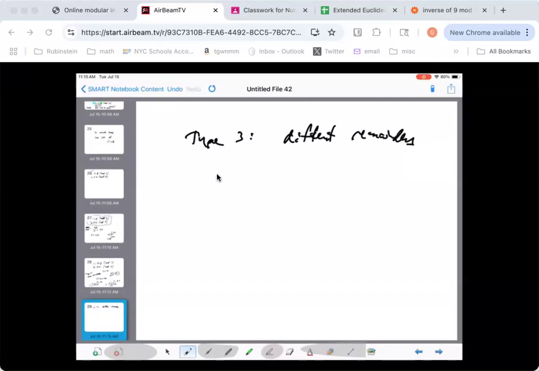Let me just make a couple of observations first. 13 mod 11 is equal to 2.